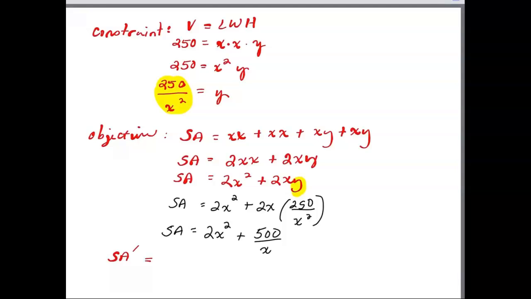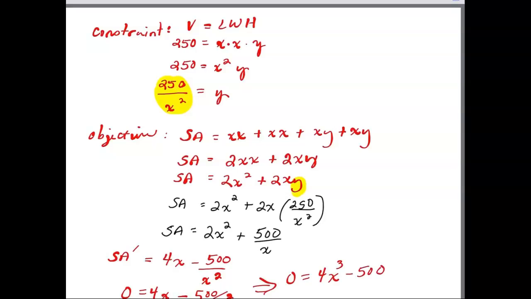Okay, and then we are going to find the minimum by taking the first derivative. With the first derivative, we find that that is 4x minus 500 all over x squared. We set that equal to 0, so 0 equals 4x minus 500 divided by x squared.